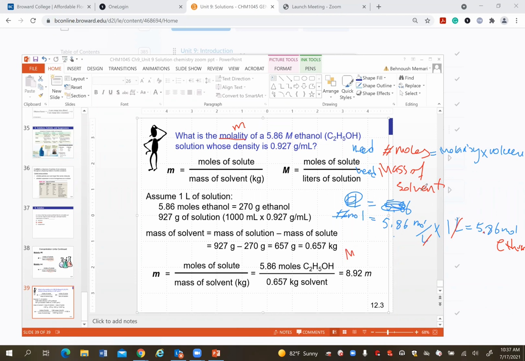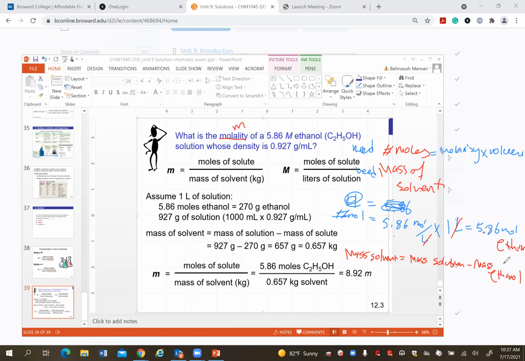So we need the mass of solvent also. The mass of solvent is going to be the mass of solution minus the mass of ethanol.